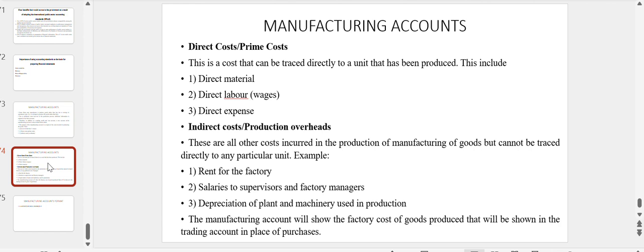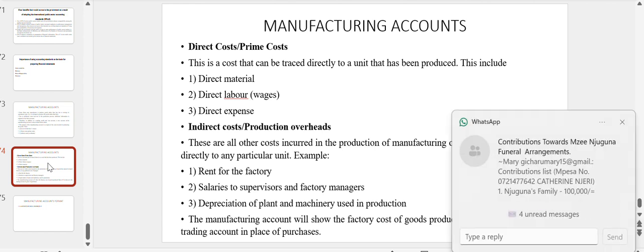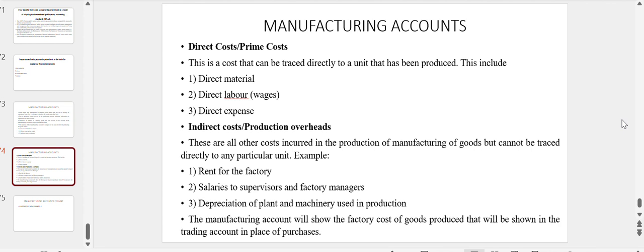So remember when I was telling you the categories of costs, I said we normally have 5. The other 3 are normally found in the income statement. We have the administrative cost that you people know.